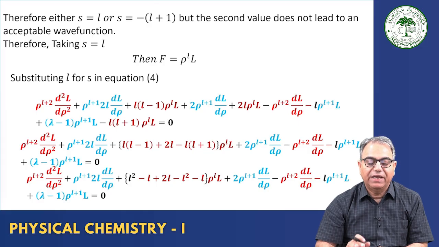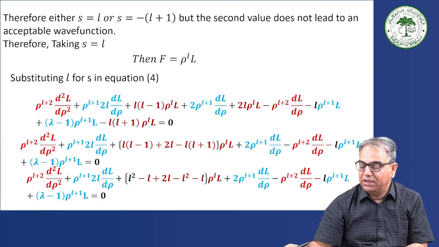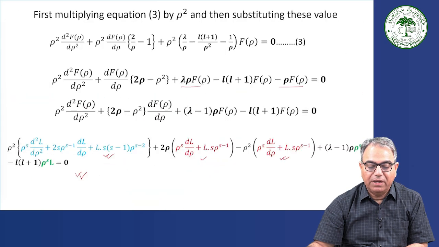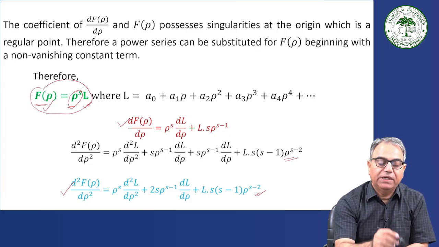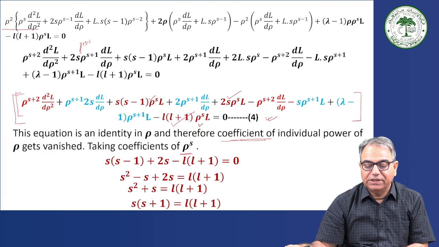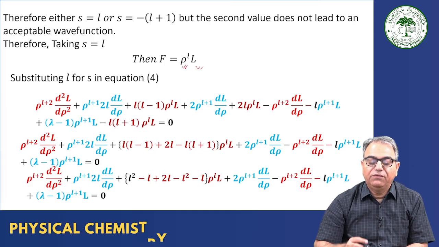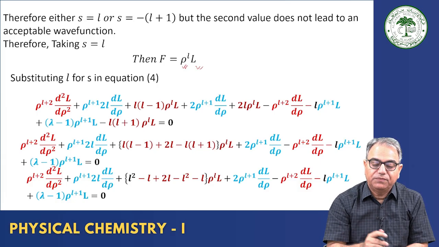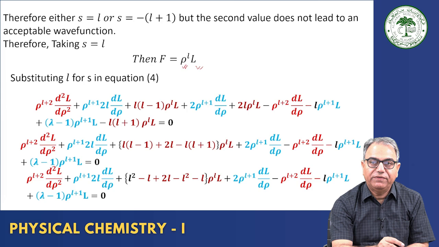And if that is so, then f is equal to rho raised to the power small l multiplied by capital L, because initially f was rho raised to the power s into capital L. So since s is equal to small l, you can write f is equal to rho raised to the power small l into L. If you substitute this small l for s, then equation number 4 will be: rho s plus 2 was there, now L plus 2, d square L divided by d rho square.